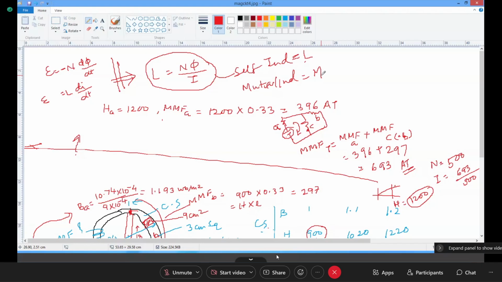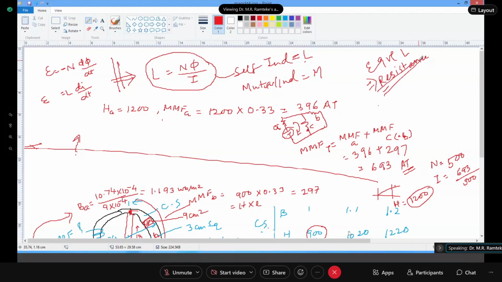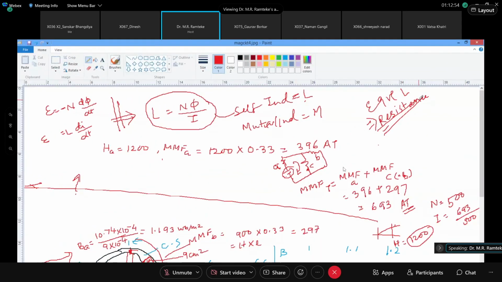And as I told you, to find the equivalent of many inductors, in series or in parallel, you can apply the same laws as applicable to resistances. You can use the laws which we have studied for a resistor; the same laws can be used for inductances.